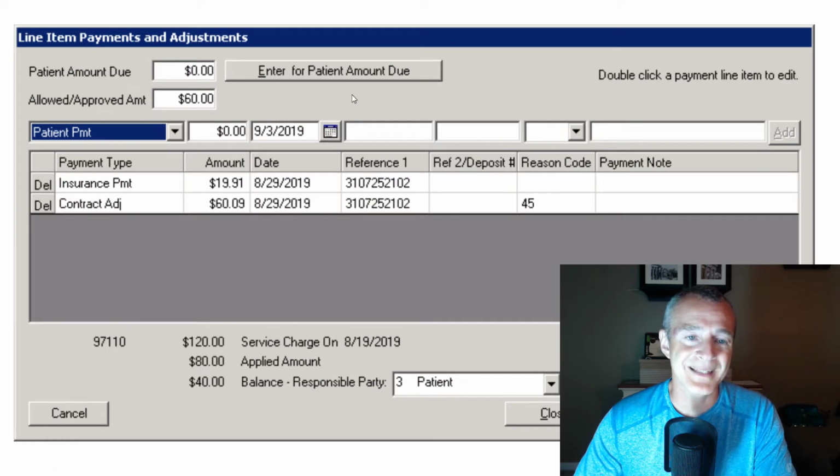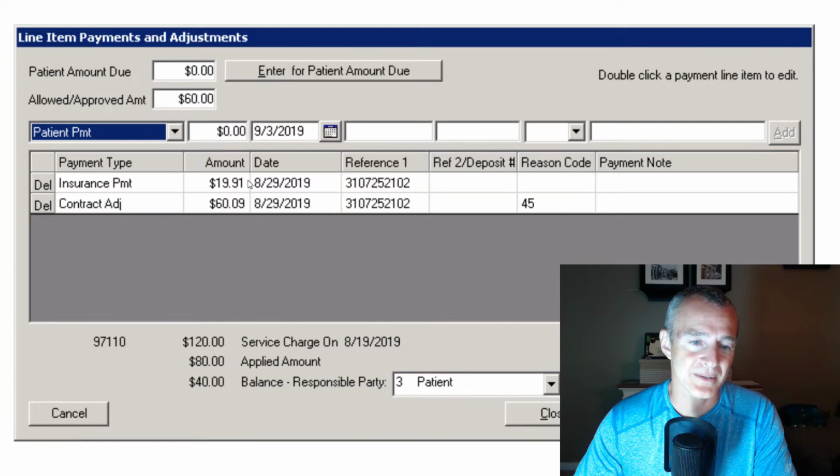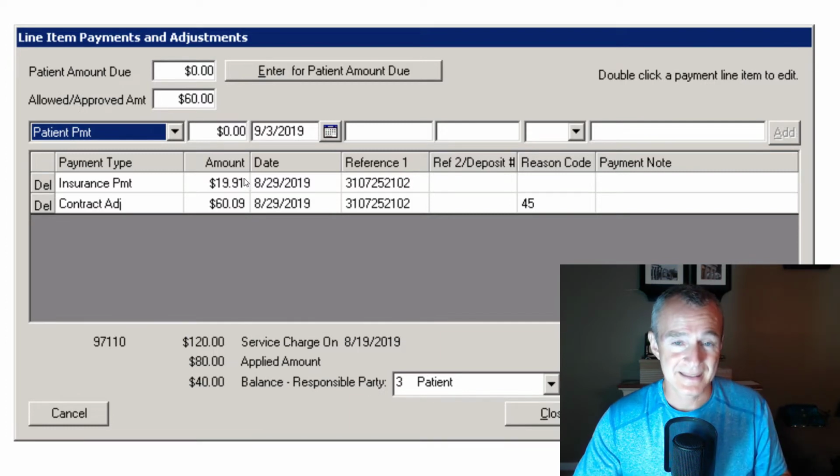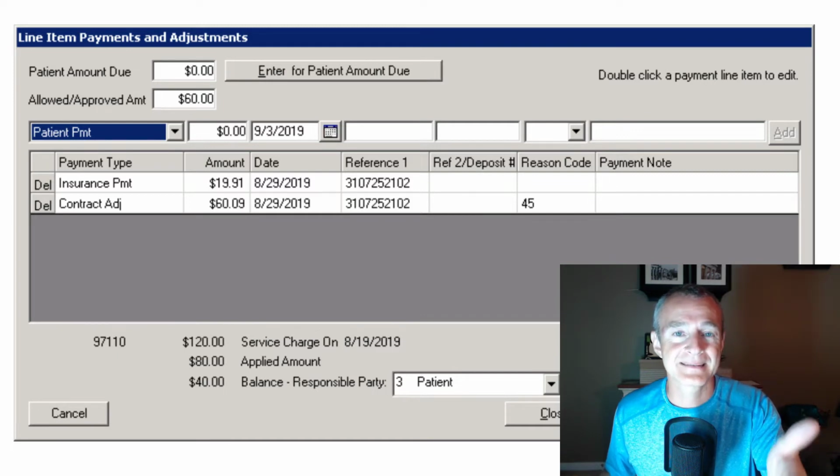So now if we jump into each line item, you can see that for 97110 therapeutic exercise, 120 was billed, and $19.91 was paid by the insurance company. That's not per unit. That's $19.91 to cover their portion of the 3 units. The $40 copay needs to get applied to this line item.